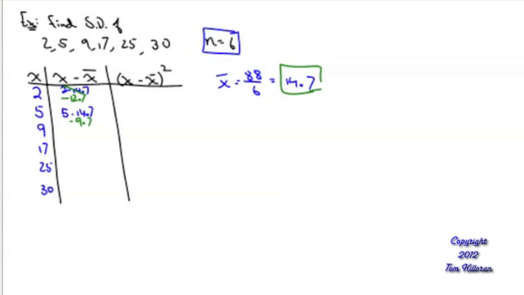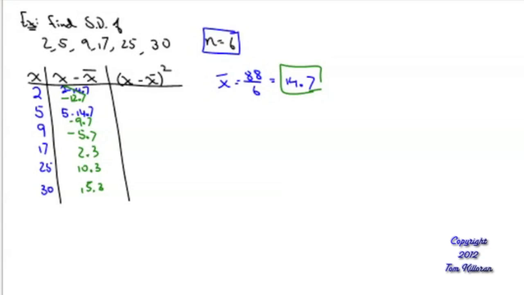Then 9 minus 14.7 is negative 5.7. 17 minus 14.7 is 2.3. 25 minus 14.7 is 10.3. 30 minus 14.7 is 15.3. I never said I was good at calculations.